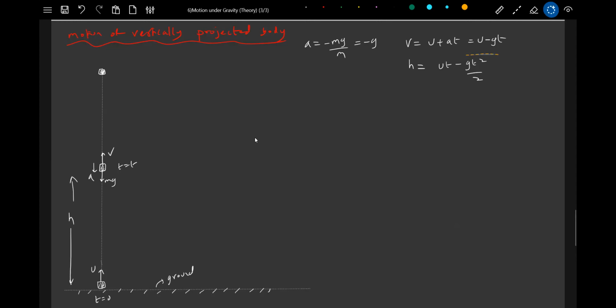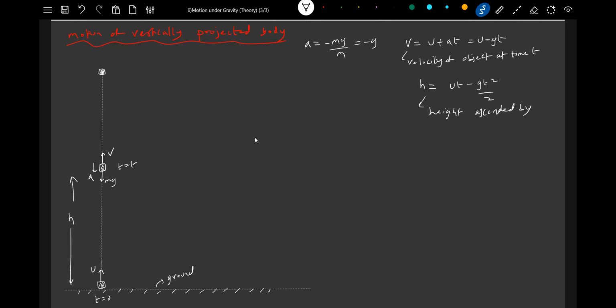So what is the first equation? The velocity of the object at any time t. And the height ascended by the object for time t.